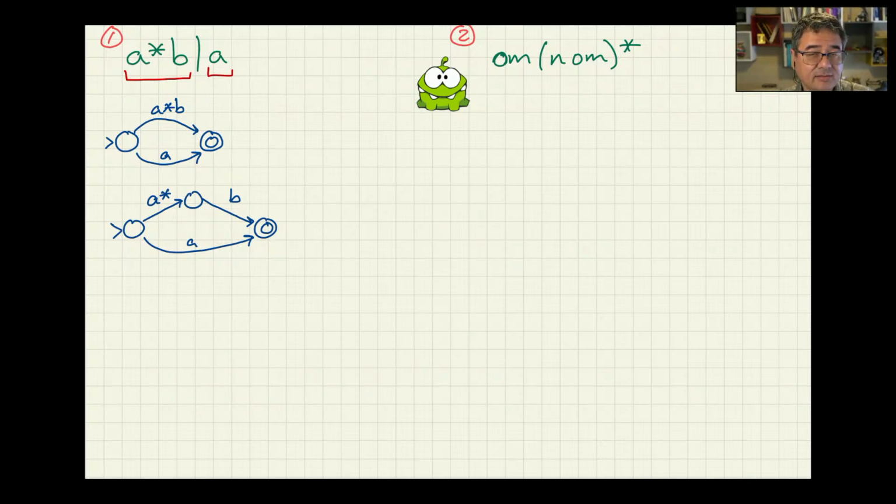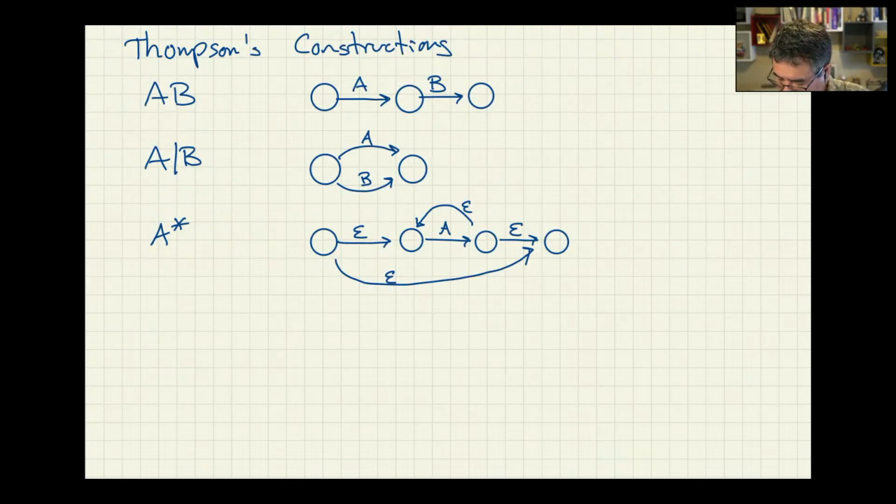And then finally, I'm going to break up that A star by using that third Thompson's construction, the one that looks like a UFO or a boat. So I'm going to replace these two states with this picture.